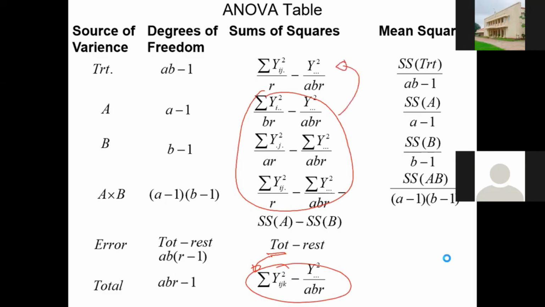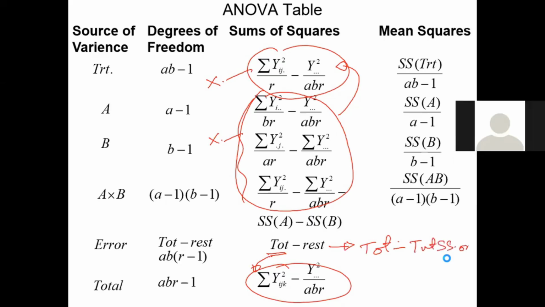You calculate and see the value. If this value is x, the total of this also will be x in the sum of squares. So here it is total minus treatment sum of square, or total minus sum of square due to A, sum of square due to B, and sum of square due to AB.